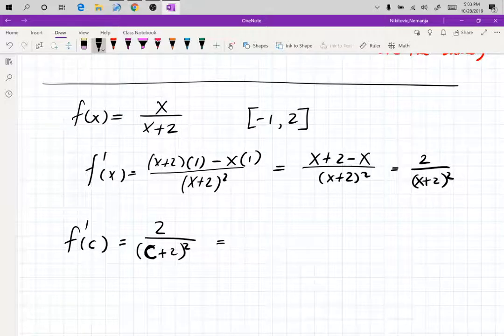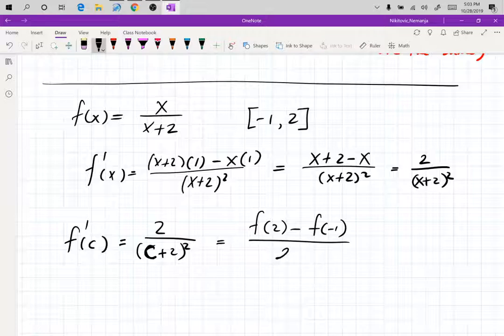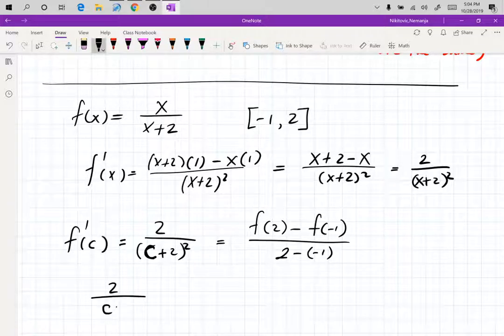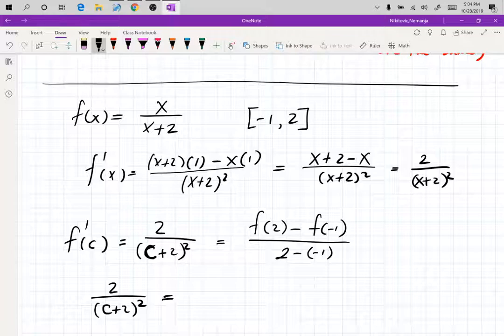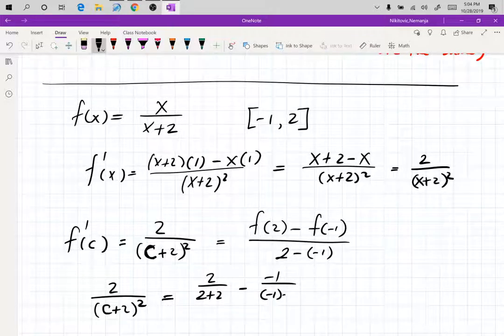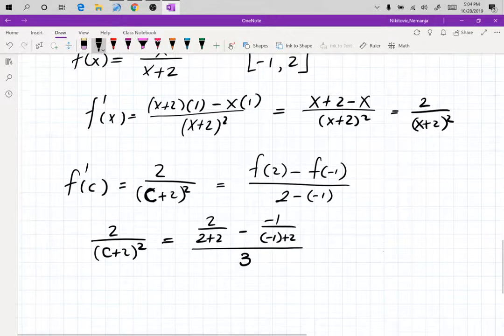And now we plug in f of 2 minus f of negative 1, over 2 minus negative 1. So we have 2 over c plus 2 squared is equal to f of 2, which is 2 over 2 plus 2, minus f of negative 1, which is negative 1 over negative 1 plus 2, divided by, we know it's 3.